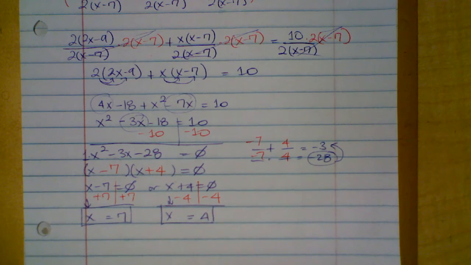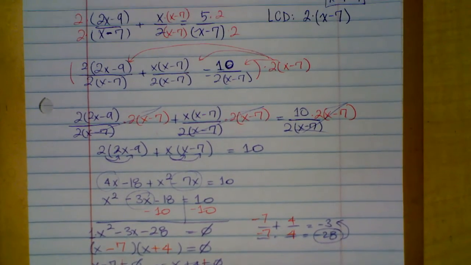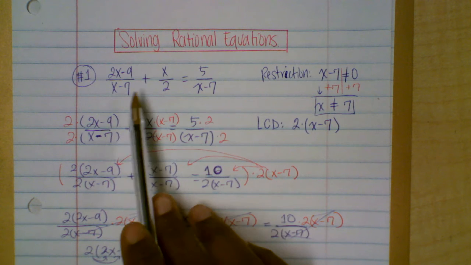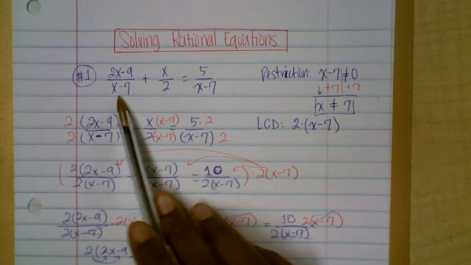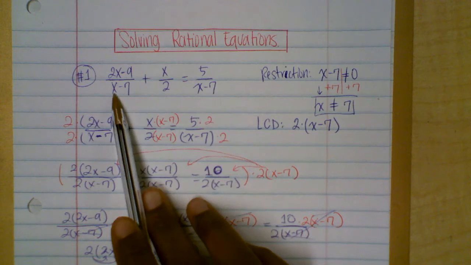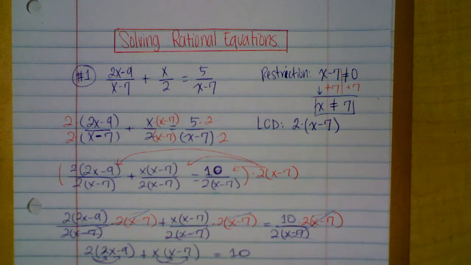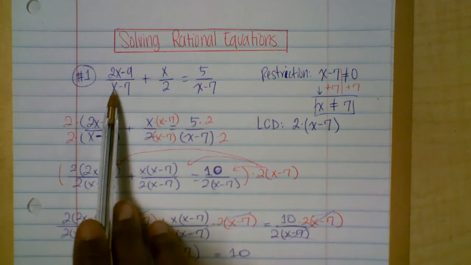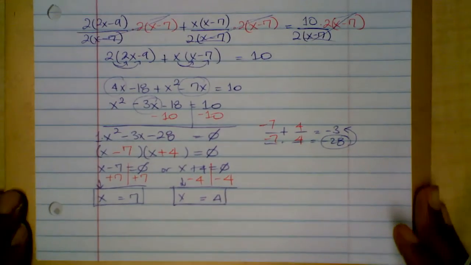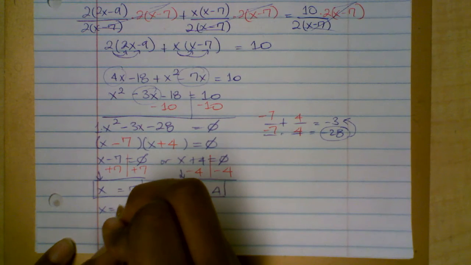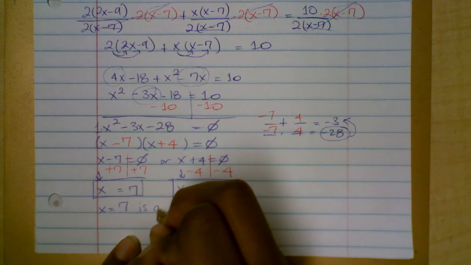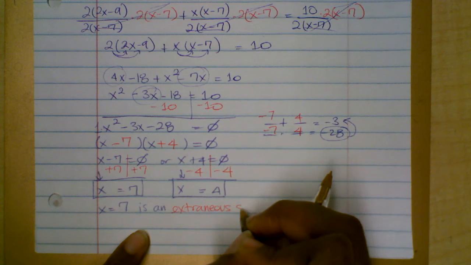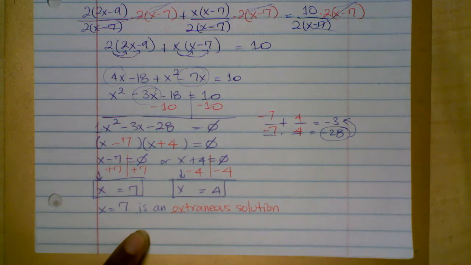Now, remember the restriction at the beginning: we said that x cannot be equal to 7. Why? Because you make the denominator equal to 0. So we cannot have 7 as a solution. That's why I have to continue further and say, okay, x equal to 7 is what we call, in algebra, an extraneous solution. Why do we call it an extraneous solution?